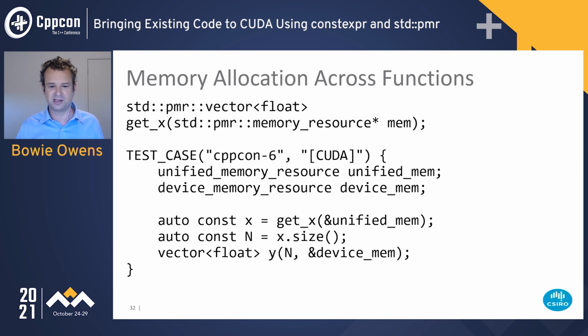This is particularly useful for objects that are going to be allocated in one part of your system that you want to keep essentially oblivious to the fact that you're using CUDA. In my example, I've hidden the construction of the x vector inside a function getX. We can assume that this may know nothing about us using CUDA. And so by passing in a unified memory resource, the memory allocated will be fine for many things.